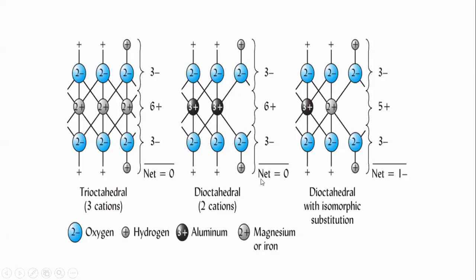Okay, we said in the previous slide that isomorphous substitution is the reason for creating the charges. Understand that? Now, what we are going to see is how this isomorphous substitution is going to create the net charge. Okay, see here.